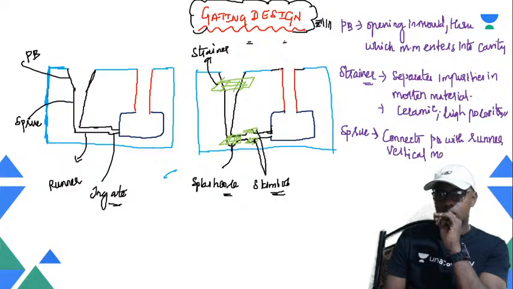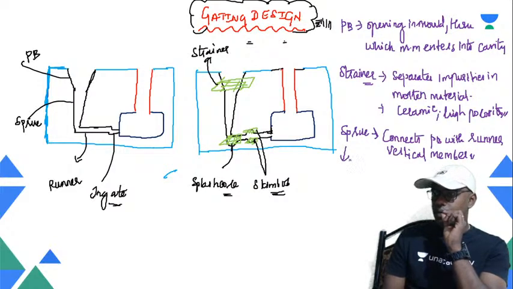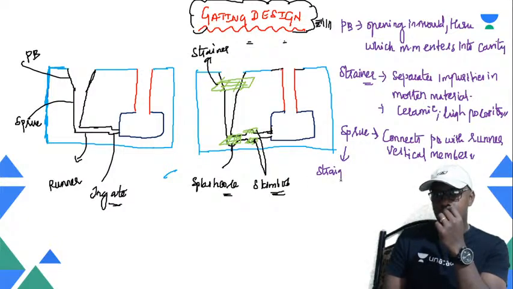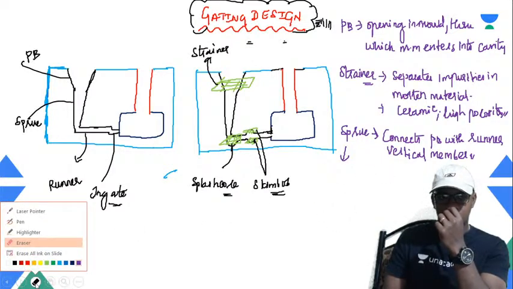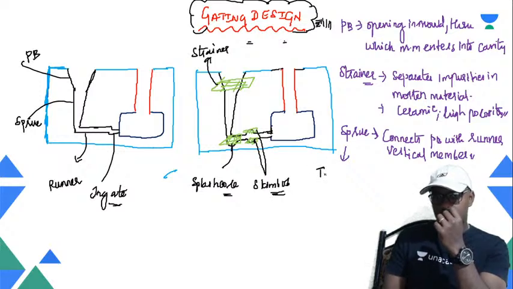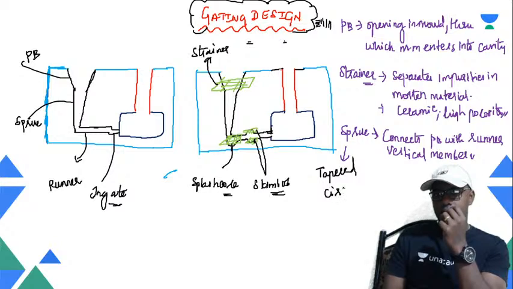The most important thing is it is a tapered circular cross section. It is vertical, but it has a tapered cross section.